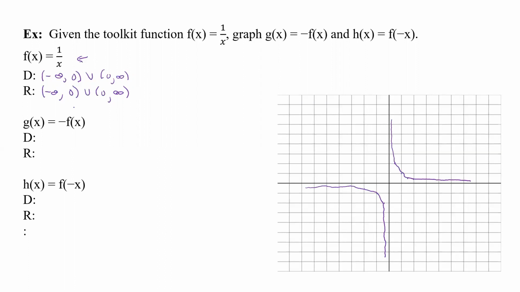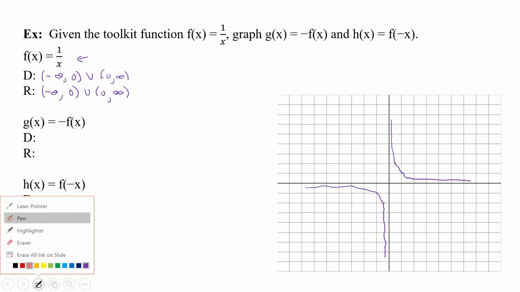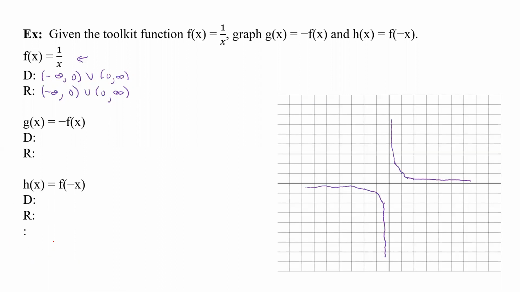Now what we need to do is find negative f of x. So let's do that one in red. All right, so negative f of x means we're going to have a negative, which means it's negative 1 over x, right? Okay, so we're reflecting over the x-axis.